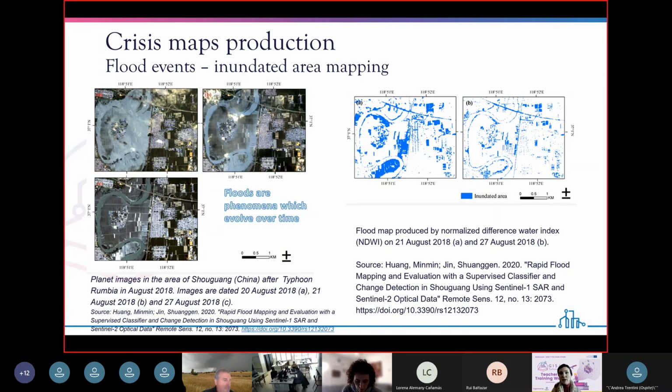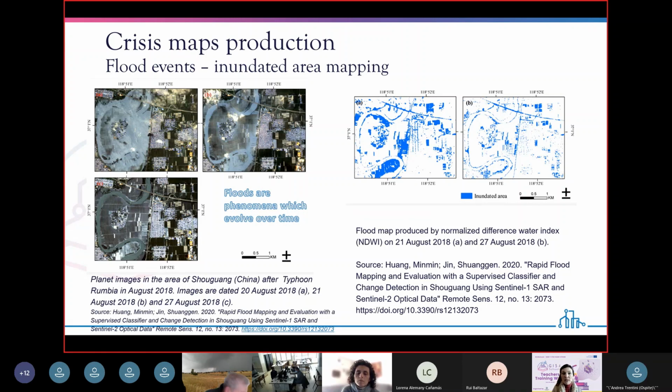And this is something that must be taken into account by everyone, by the map producer, but even more probably by the map user, so that they should check the date in which the map has been produced with respect to which satellite images, so to understand how to correlate that information with respect to what they experience in the field. Because of course, if in the field they are more interested in the peak situation, they should check if the map is representing that or not.